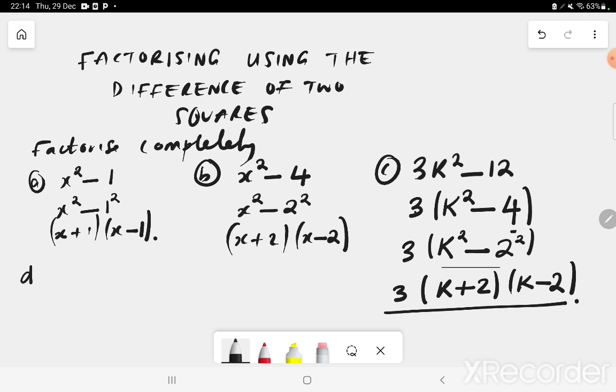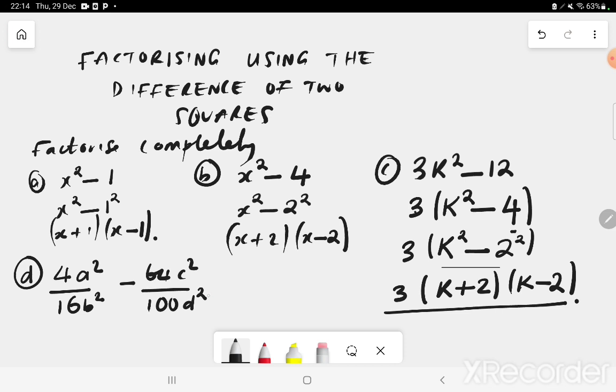We're going to call it example D. Suppose you have 4a squared divided by 16b squared minus 64c squared over 100d squared. So to solve this one, we do the same. We need to make sure that these numbers 4, 16, 64 and 100 are written as squares.